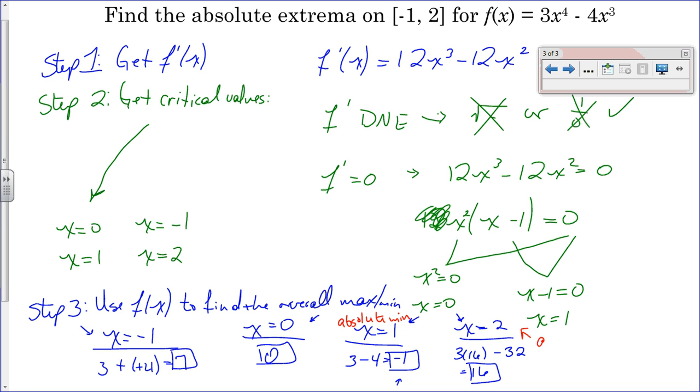So at x equals 2 is our absolute max, because 16 is the highest and negative 1 is the lowest. So our absolute min is found at x equals 1, and our absolute max is found at x equals 2.